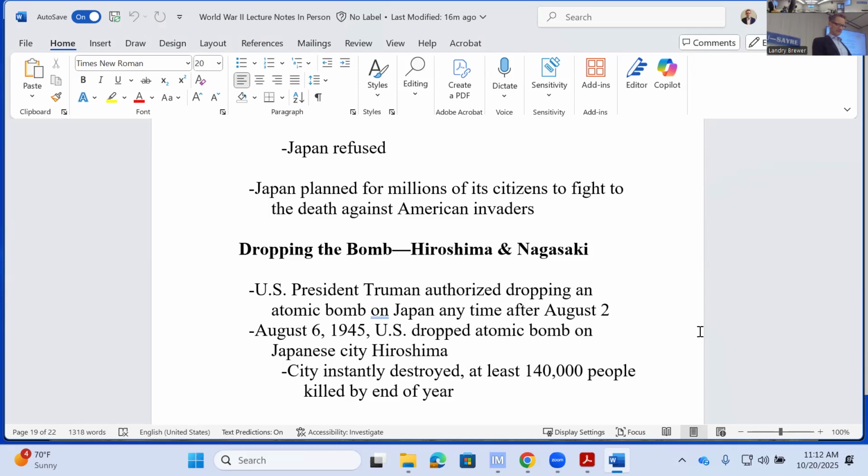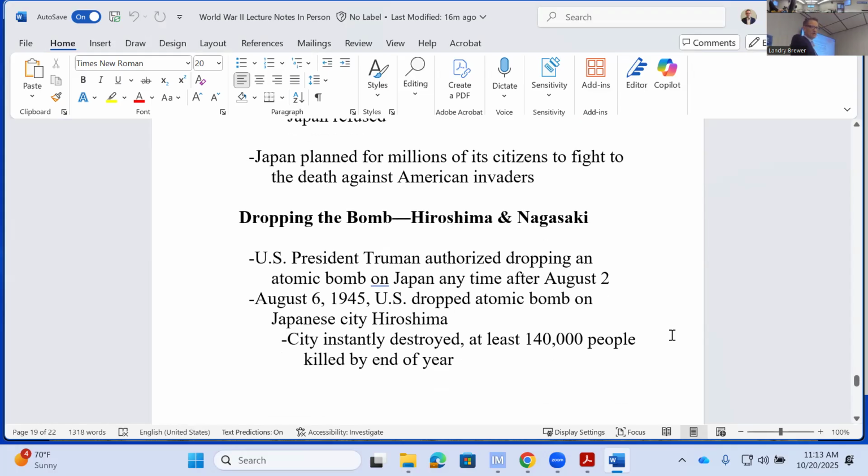President Truman received word during the Potsdam Conference that the Manhattan Project, the top secret American atomic bomb project, had succeeded in detonating an atomic bomb. And President Truman decided to use it against the Japanese. And so he authorized dropping an atomic bomb on Japan anytime after August 2nd.